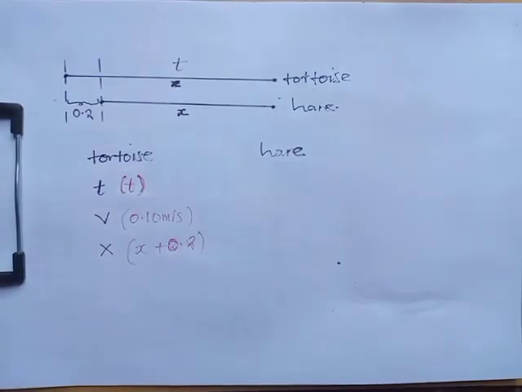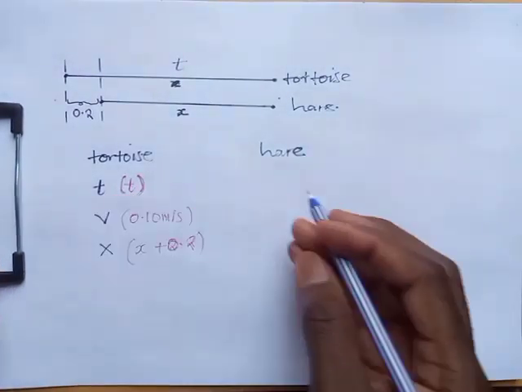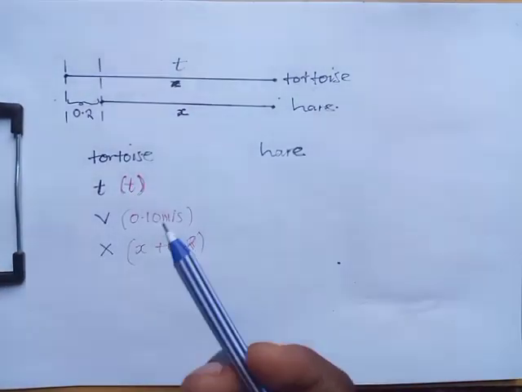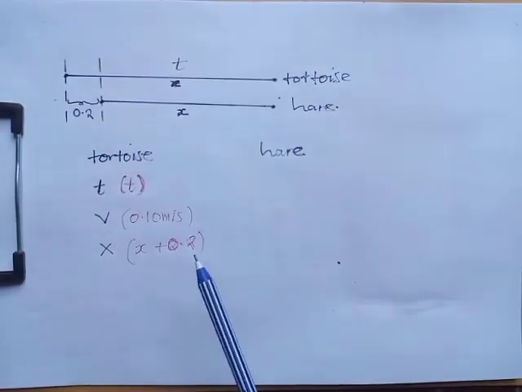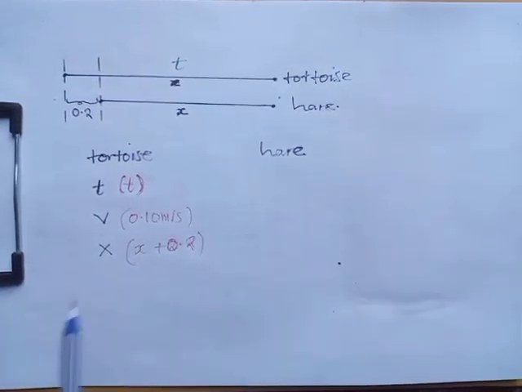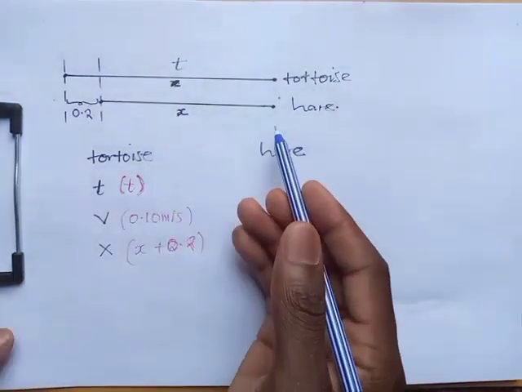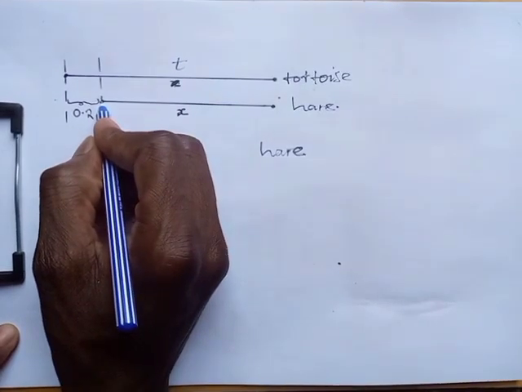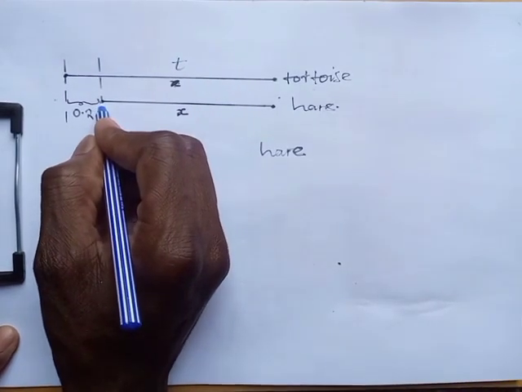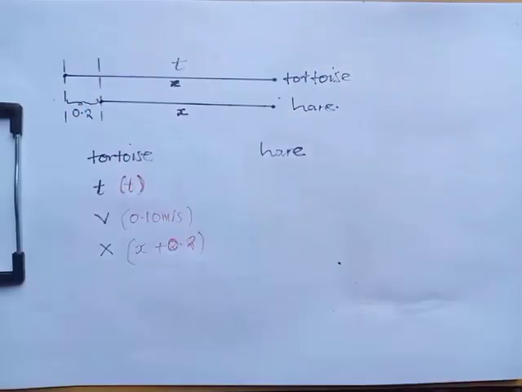Okay, we try to look at the time that was taken by the hare. We are saying the hare came to rest after 2 minutes, meaning that it was subtracting from its total time. Still, after resting somewhere here, it kept on going until it came to rest.